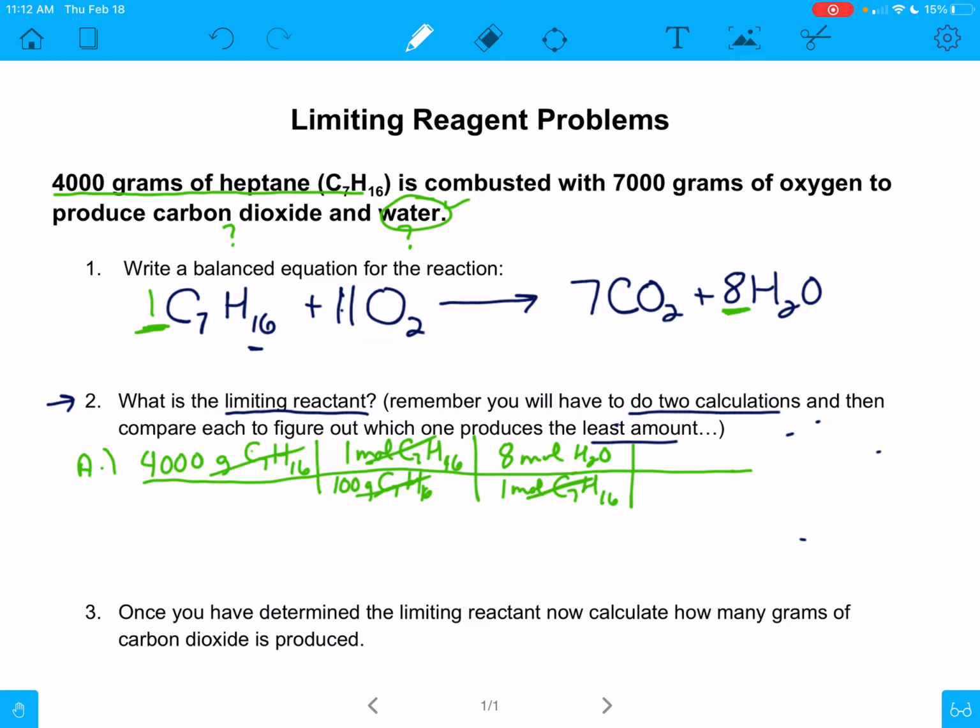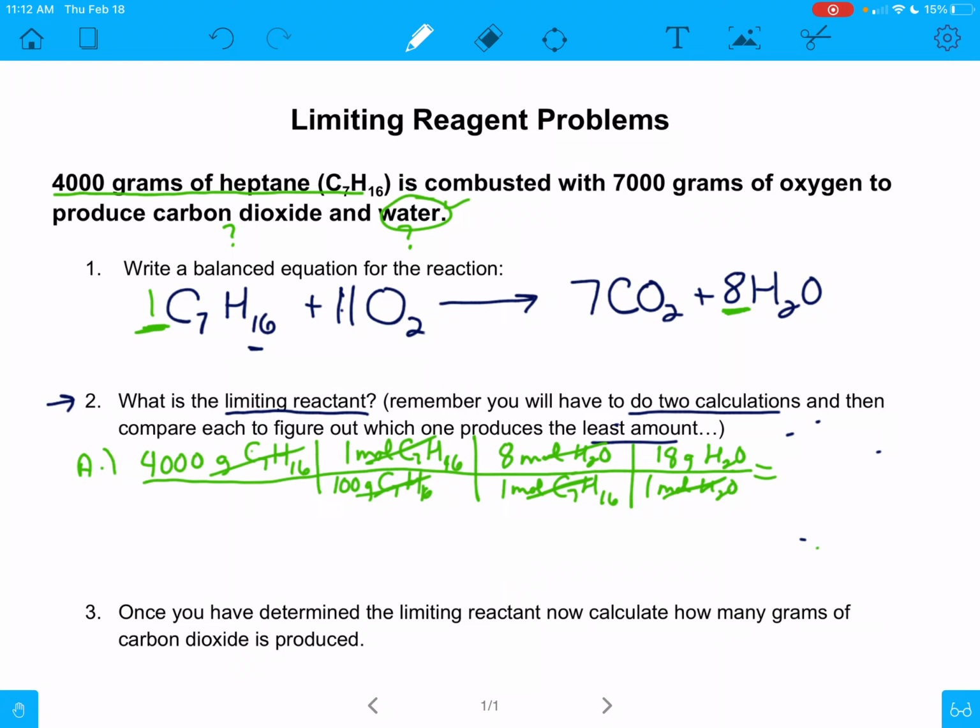Okay, so then the next thing I need to do is to go from the mole ratio into moles of water, and I need to get into grams of water. Well, I know if I have 1 mole of H2O, that's going to equal 18 grams of H2O, okay? So now moles are gone, and I'm left with grams of H2O. Now all I have to do is the math.